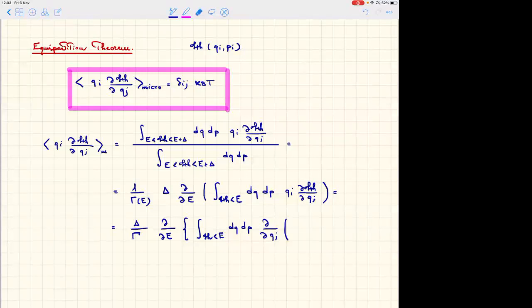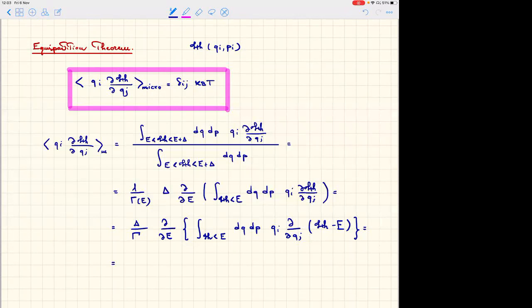Before I integrate by parts, I can rewrite this as dq dp qi d/dqj of (H minus E). Why can I put a minus E there? Because, of course, when I take a derivative, I get 0, since E is a constant that doesn't depend on q. So I didn't do anything.